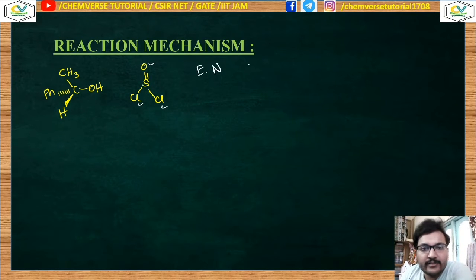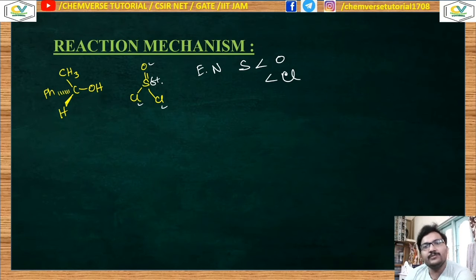You know that the electronegativity of sulfur is less than oxygen and even less than chlorine. So over sulfur there will be some amount of delta positive charge, and that makes the sulfur center to some extent electrophilic, and as a result the lone pair on the oxygen will attack here. So it will form this kind of O minus. The reaction mechanism will be something like this.